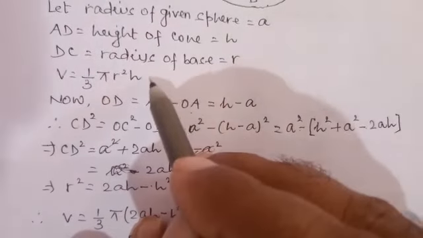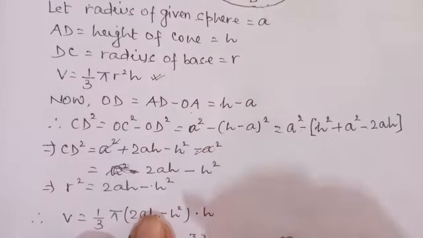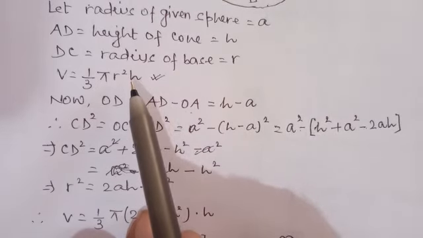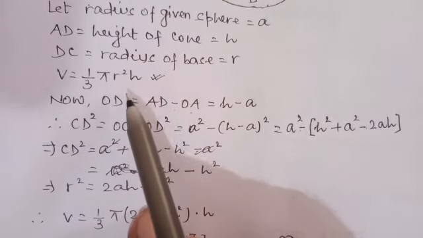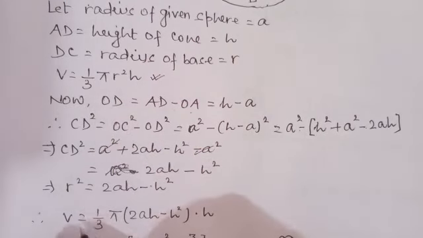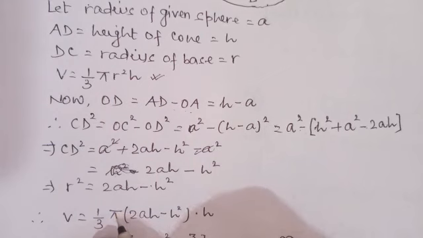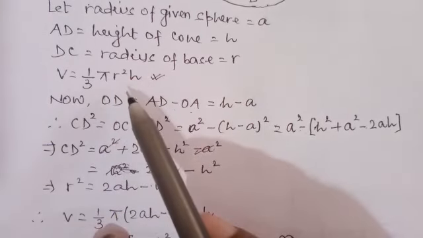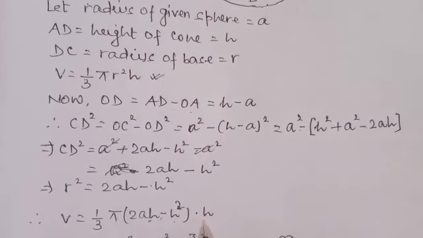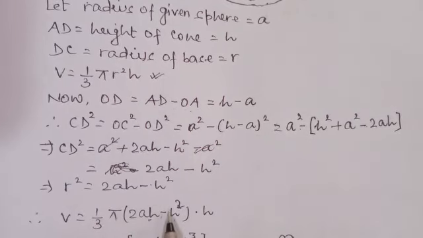Children, we converted one of the variables, that is R square, in terms of H. So it is very easy now to differentiate with respect to H. Now see, the volume of the cone becomes 1/3 pi r square. R square means 2AH minus H square, into H. Open this bracket now.